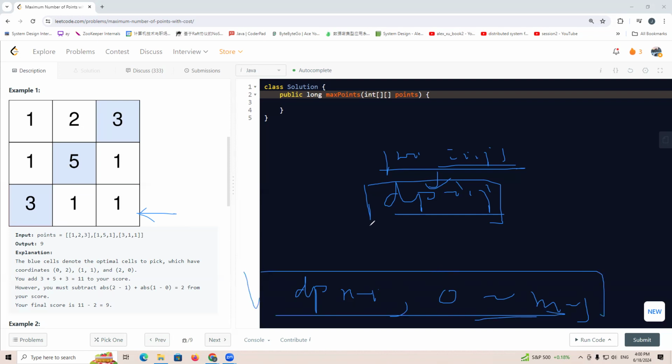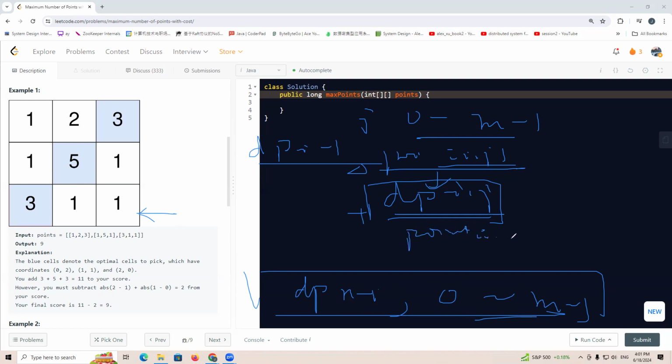The problem with this is that for every dp[i][j], we need to compare every dp[i minus 1][j] for j from 0 to m minus 1, to find the largest one of these and plus the current point[i][j].